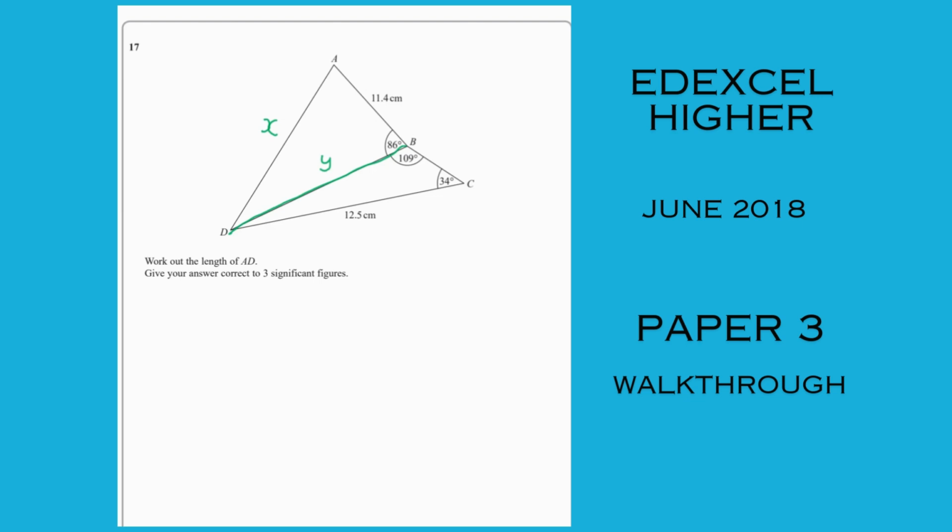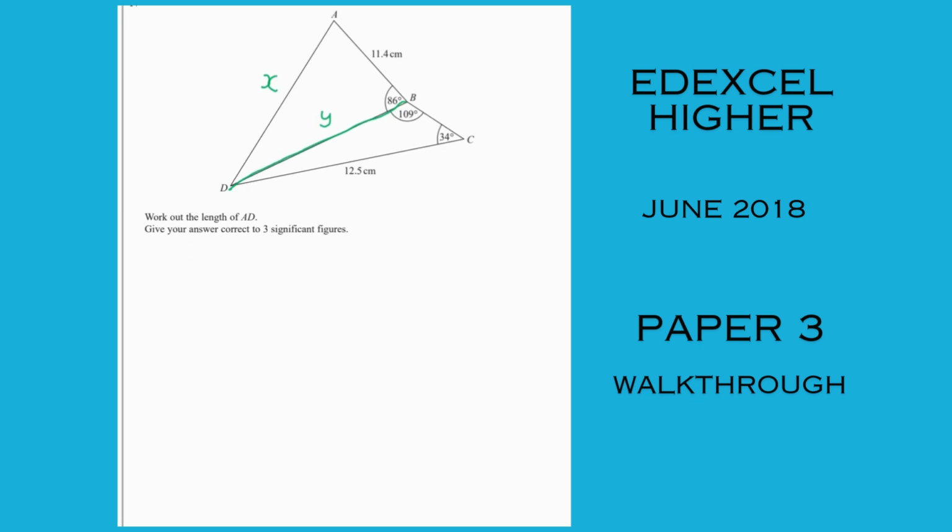When you know an opposite angle and side, it's sine rule. So we can say that Y is opposite to 34, so Y divided by sine 34 is equal to 12.5 divided by the sine of 109. Stick it in your calc, multiply by sine 34, as long as you get 7.4-ish.